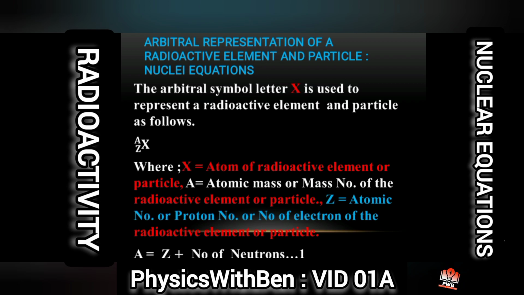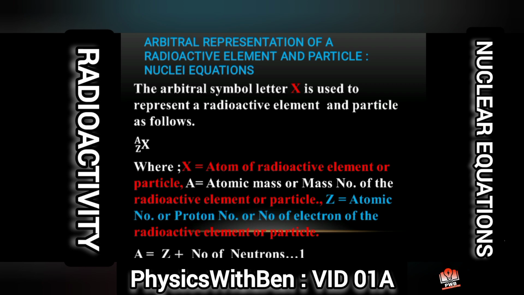Next up, we want to look at the arbitrary representation of a radioactive atom or element and particle, that is, the nuclear equations. The arbitrary symbol letter X is used to represent a radioactive element or atom, and also a radioactive particle, as follows.